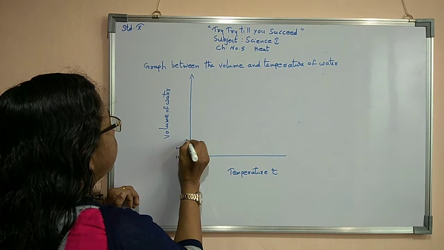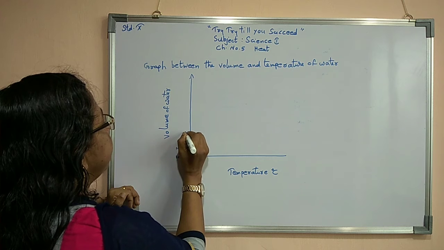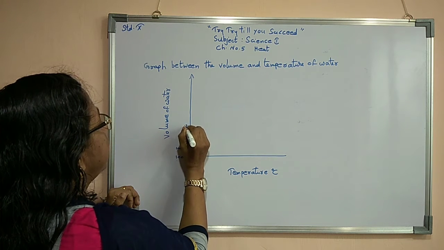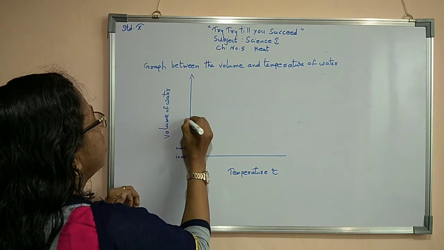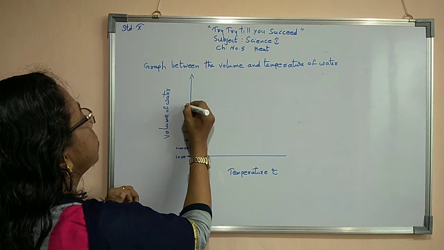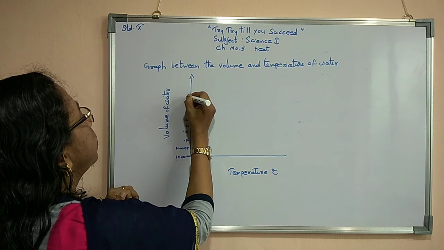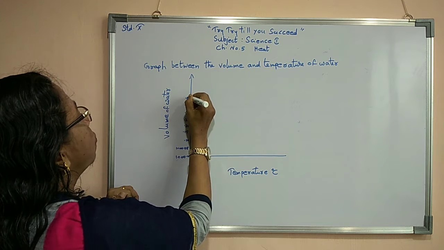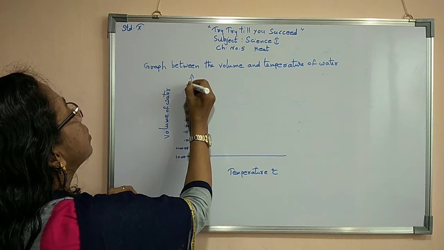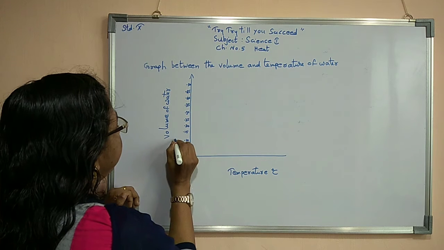Now here 1000 is there. Then the temperature marks 5, 10, 15, 20, 25, 30, 35, 40, 45, 50. Now here everywhere 1000.